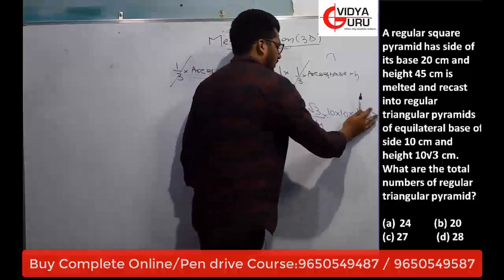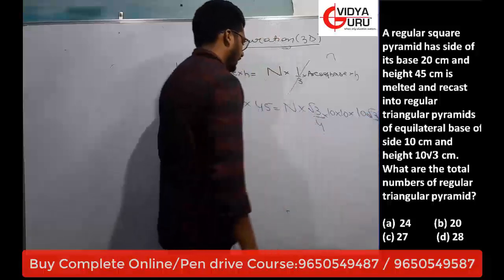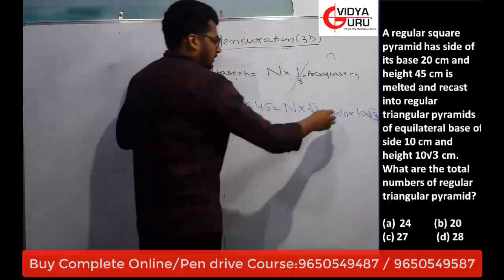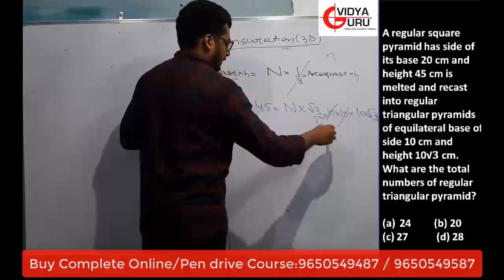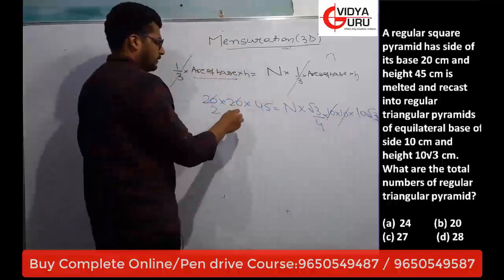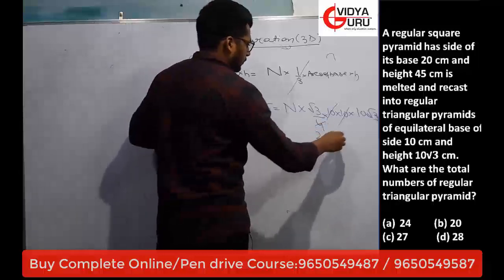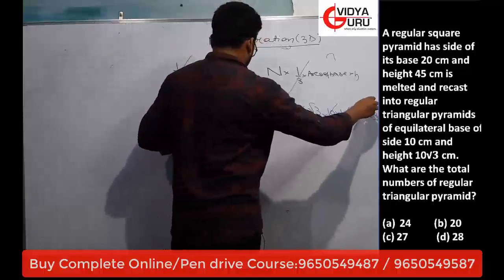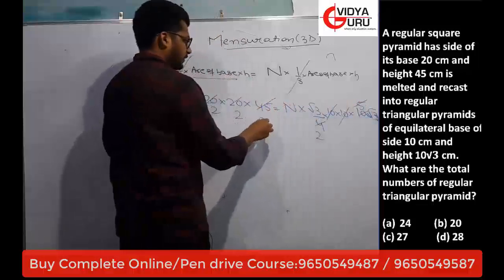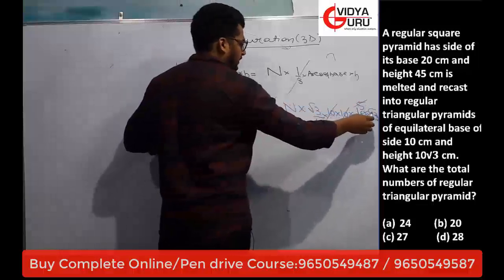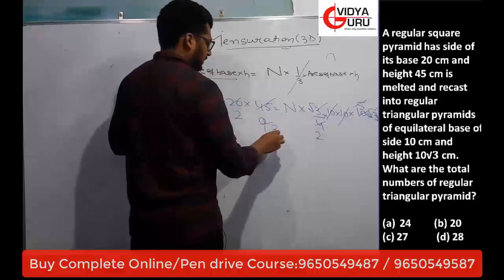I just need to solve it and find the value of n from here. 10 10 2 times 20, 2 times 20, and here 2 to the 4, 2 5 is a 10, 5 9 times 45, and this root 3 will form 3, 3 3 is a 9.